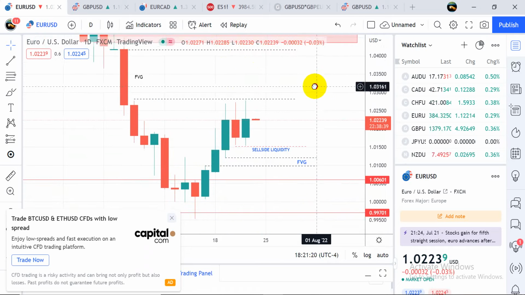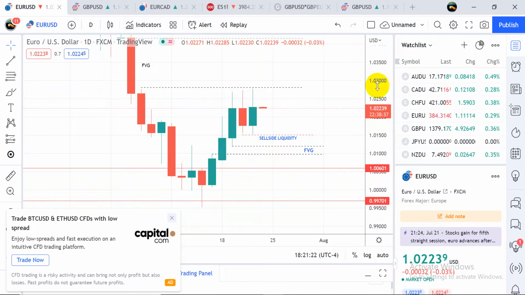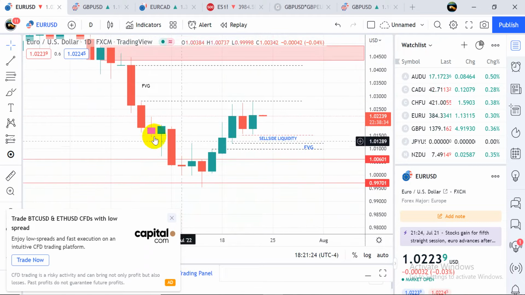Yeah, that is my expectation on Euro USD. That is my medium to long term expectation on Euro USD.